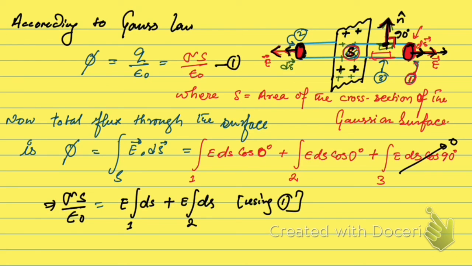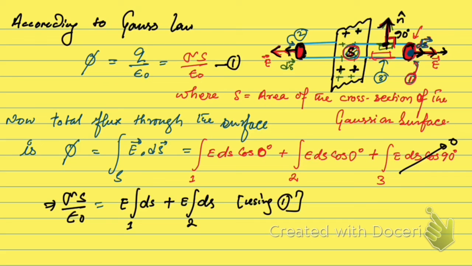So now you see the integration of ds, which is nothing but the very small area element we have considered here, ds, right? If you integrate it, you get the complete area of cross section.